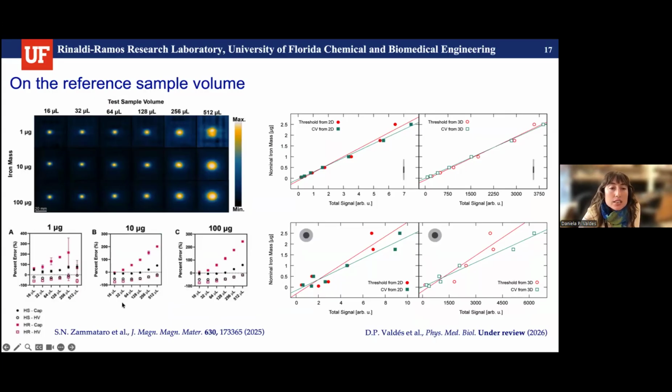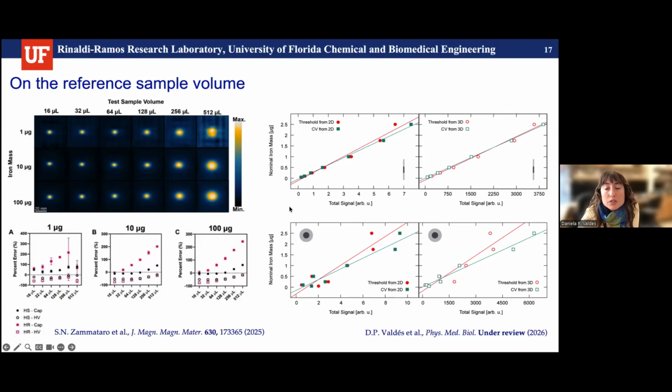And you can see that when you try to quantify large volumes with a small volume reference sample, as you increase the volume of the sample you're quantifying, the error increases. And when you use a larger reference sample, of course, it is the contrary. As the volume of the sample you're quantifying is smaller, the error increases.